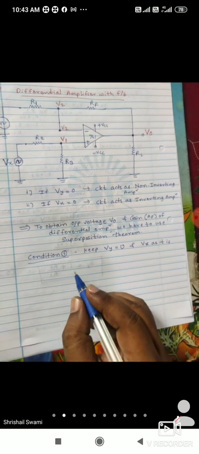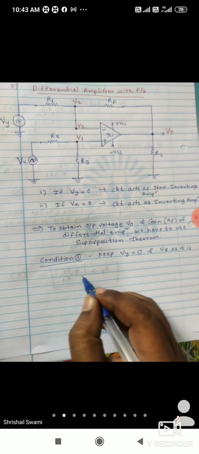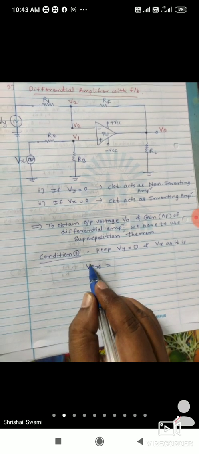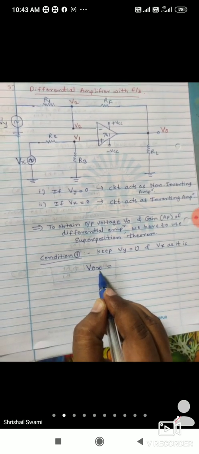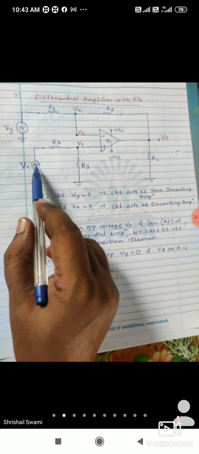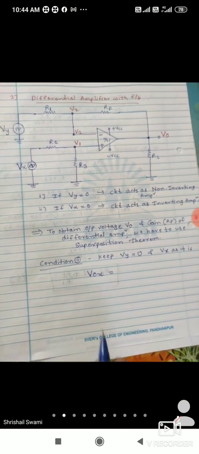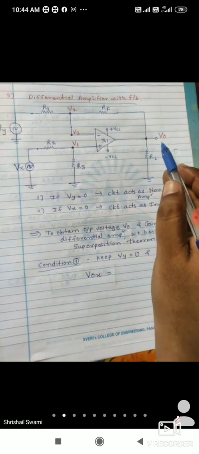In that case, the output voltage becomes Vox, the output voltage V0 due to the X signal, because Vx is present. The response we used to take as I1, I2 or V1, V2, finally we are adding. In that case you can take the output Vox from here.